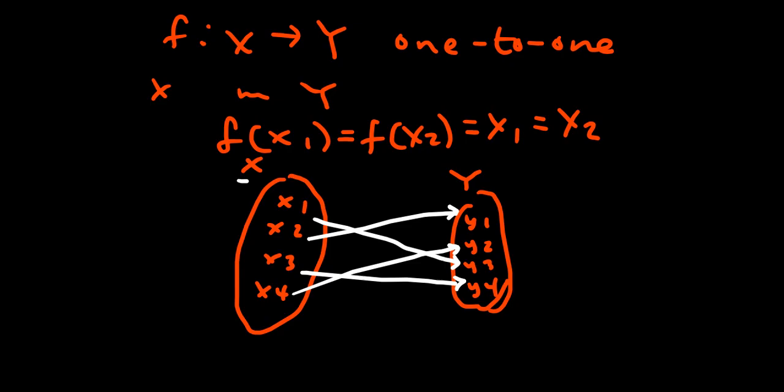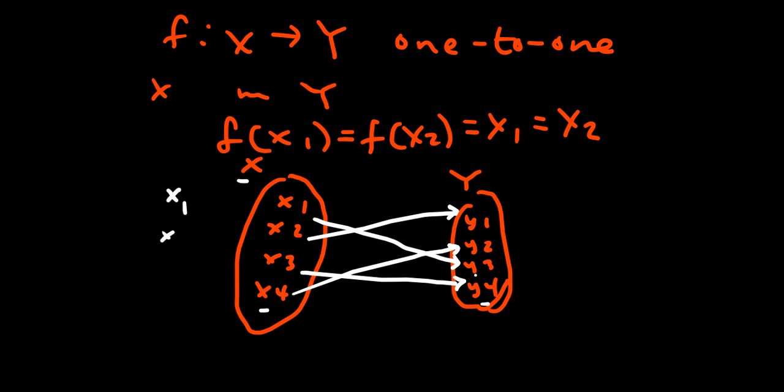So we see that these x's are mapped to only one distinct point. An x cannot go to many of these. It should be only one for it to be a function, and not many others.